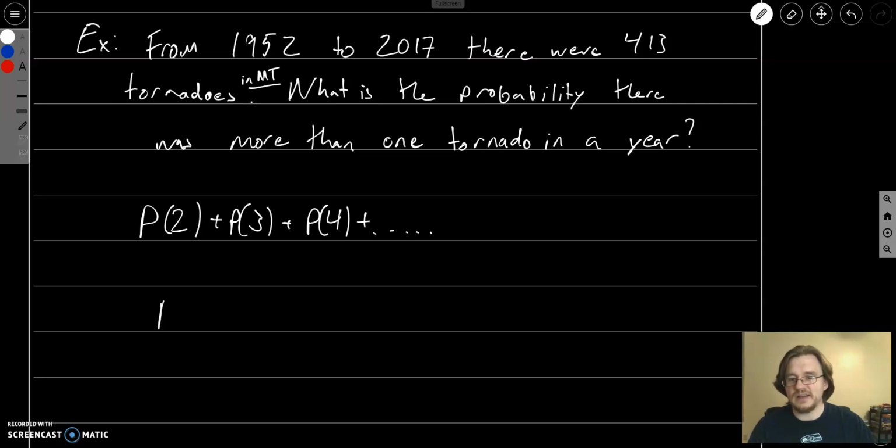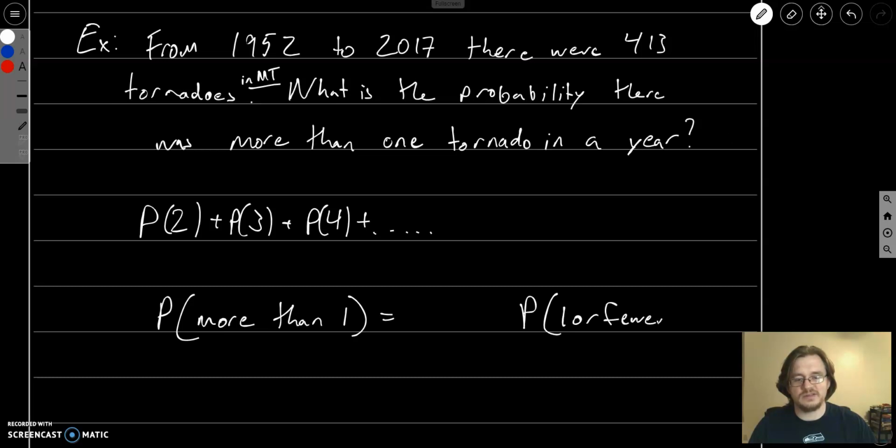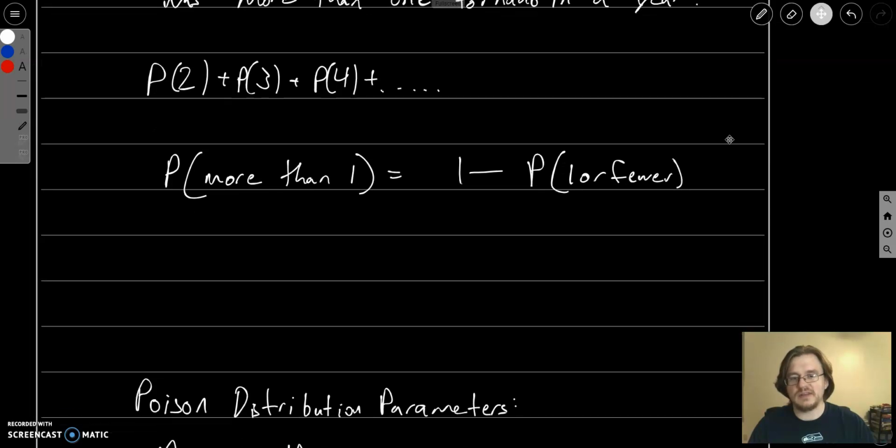So instead of finding the probability that there's more than one tornado in a year, I'm going to look for the complement, which is going to be the probability that there was 1 or fewer tornadoes. And with the complement, I'll just take 1 minus that value, and we get the probability.